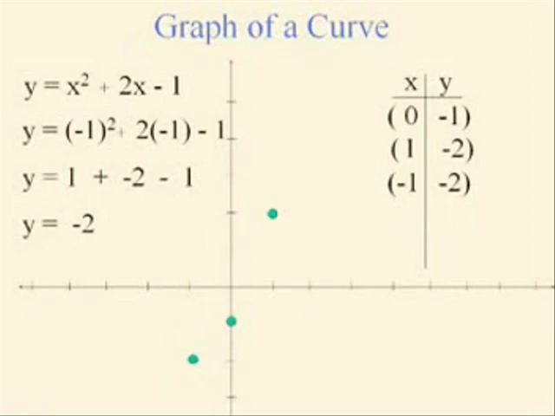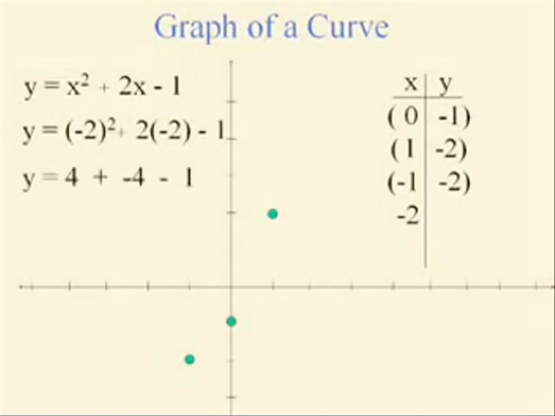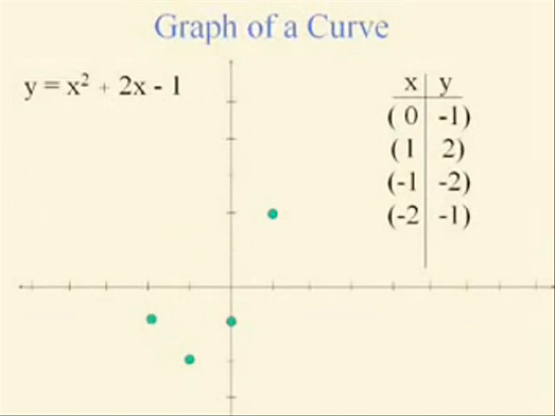What's going on here? They're not lining up, they're kind of curving. Let's put in negative 2. Negative 2 squared is positive 4, and a negative 4, and a negative 1. It's coming back up. In that case, y is negative 1. So I go back 2 and down 1. Let me put in one more number.